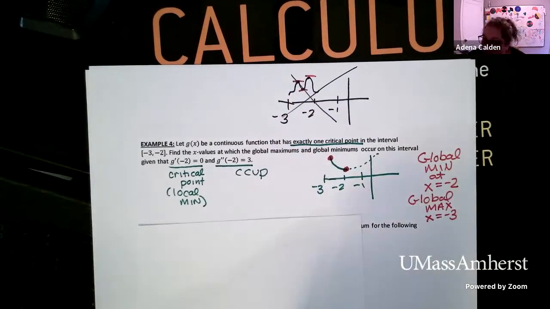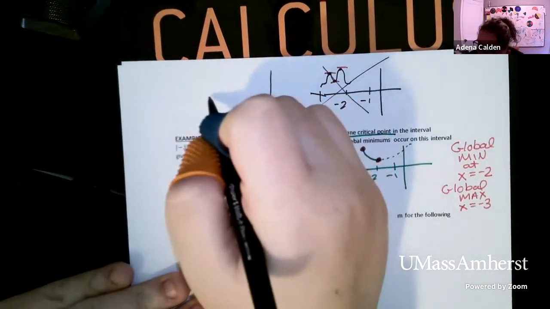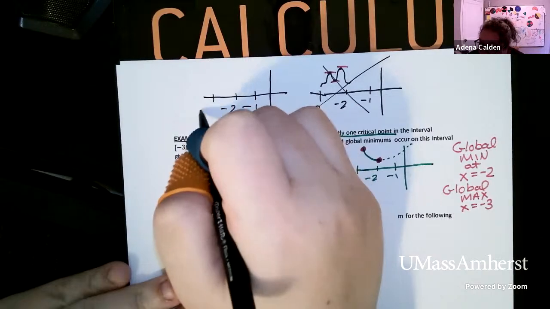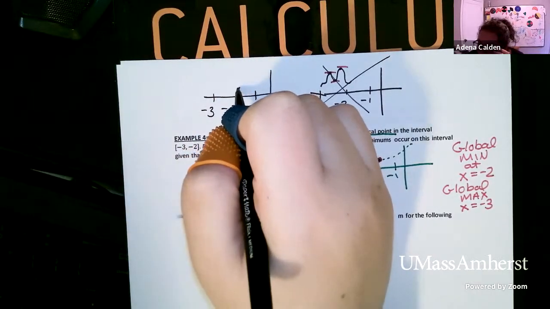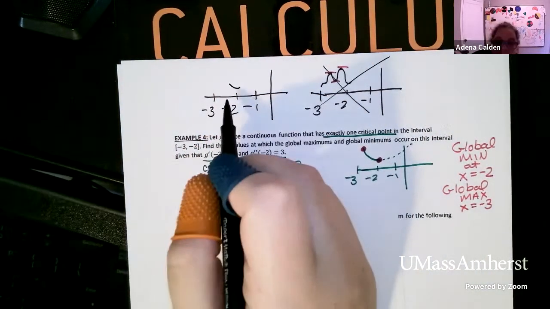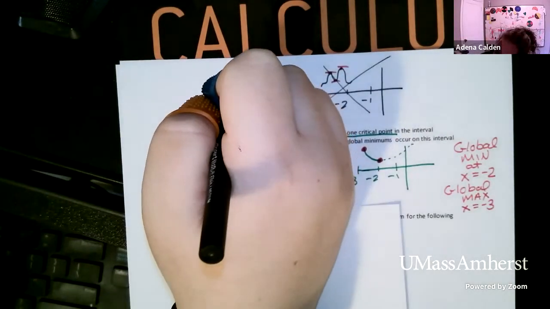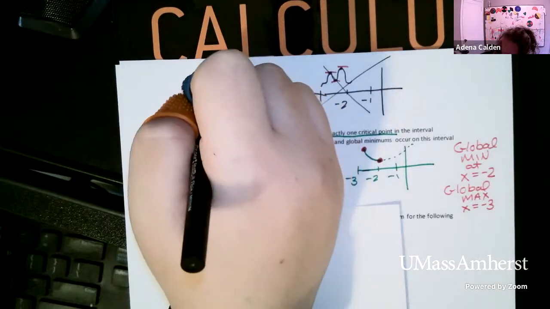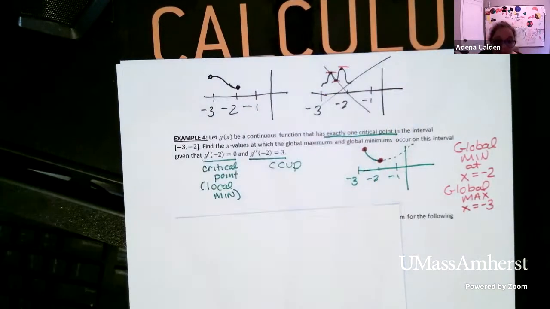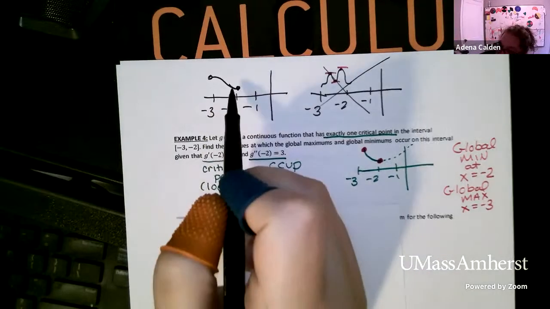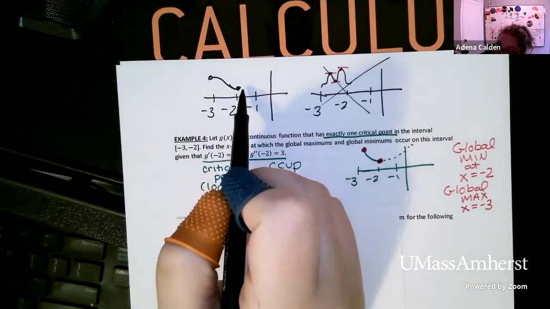The other thing that could happen is I could have a change in concavity, right? I know that I'm concave up at -2, but what if I was concave down before that, right? Like what if I have something that looks like this? Well, that's fine. That doesn't change our answer, right? So here, there's still only one critical point here.